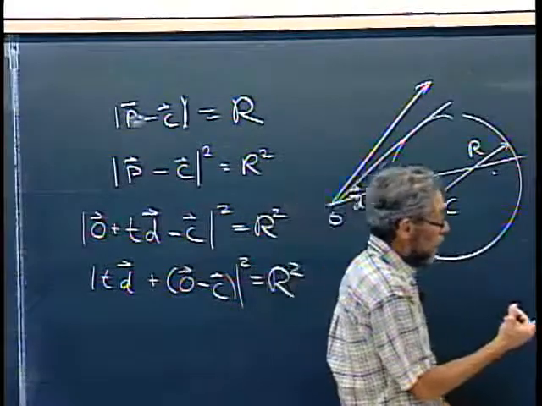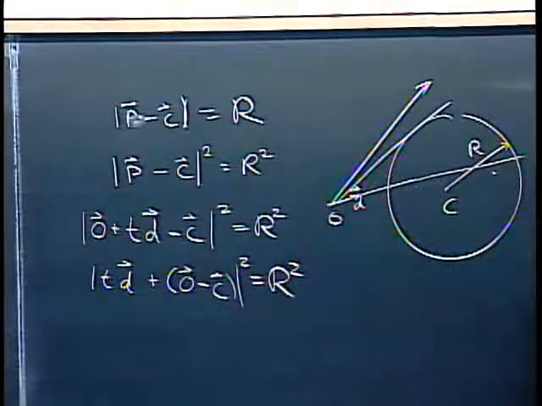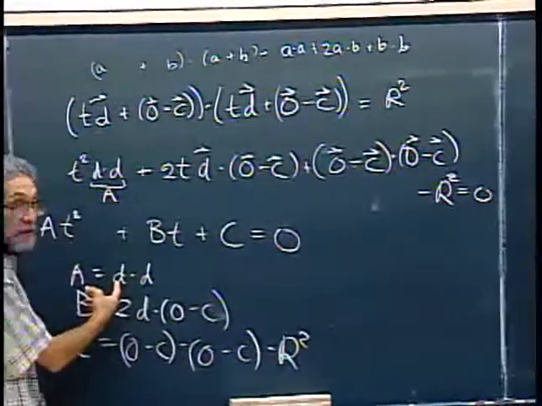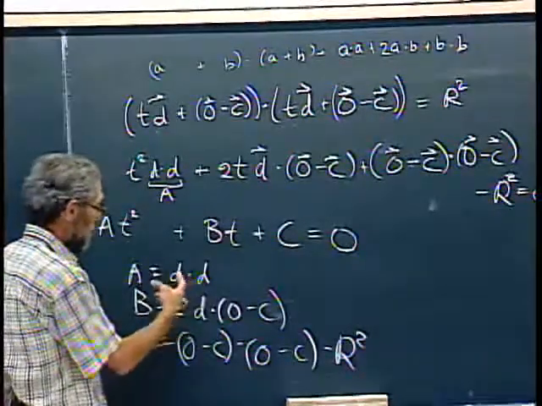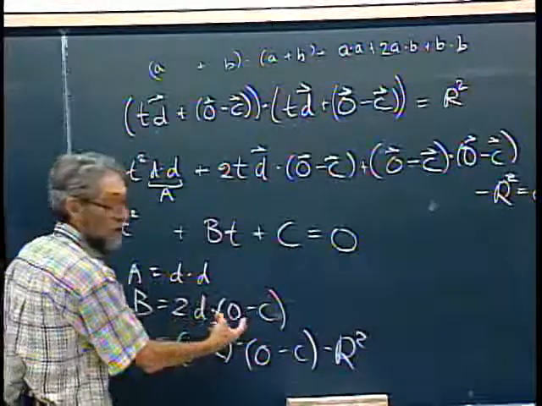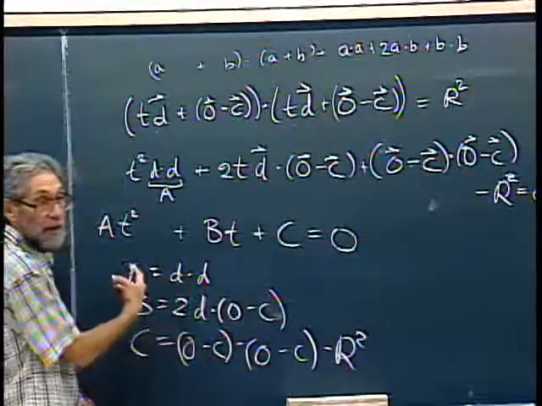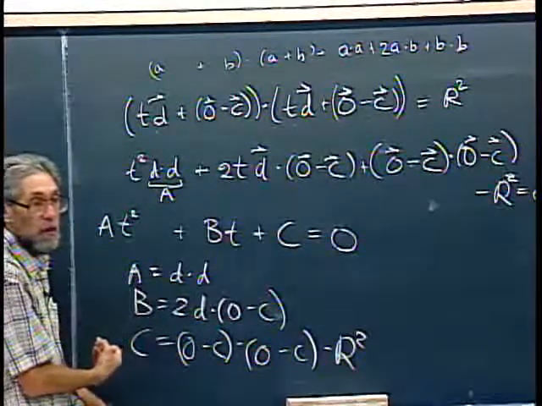And, I wrote these as dot products, but if you know the components in terms of x, y, z coordinates of the D and the O and the center, then you can do the arithmetic and get capital A, B, C in terms of those coordinates.